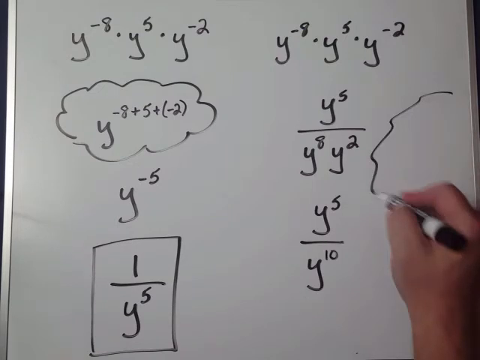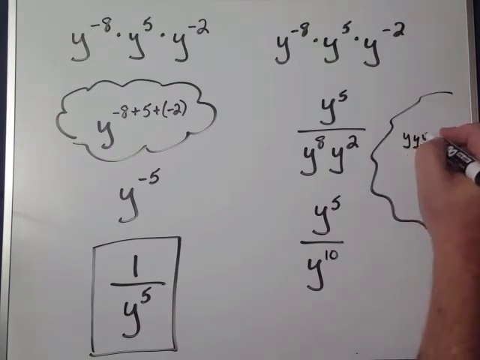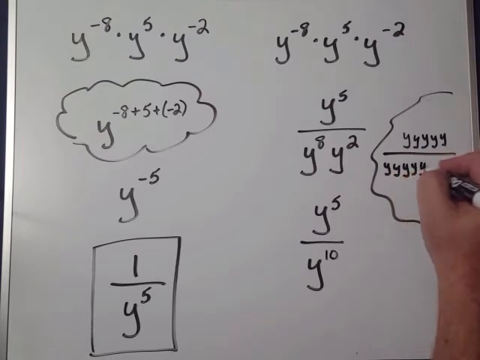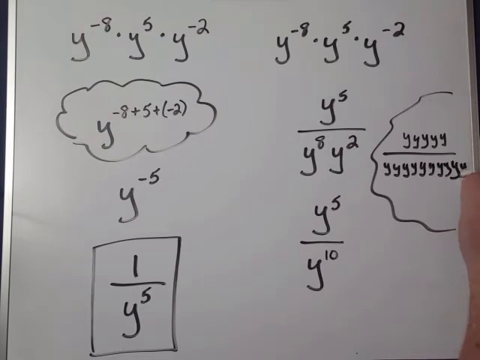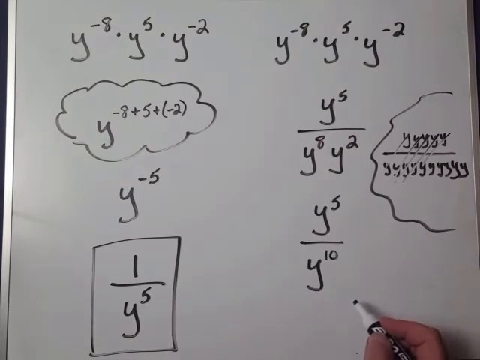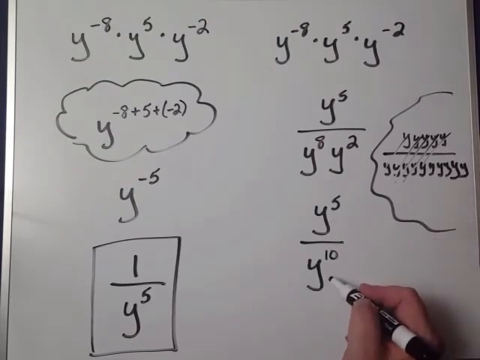And we go back to this idea. We've got 5 y's in the top, 10 y's in the bottom. And when I'm done canceling pairs of y's top and bottom, what's that leave me with? 5 factors of y in this denominator.